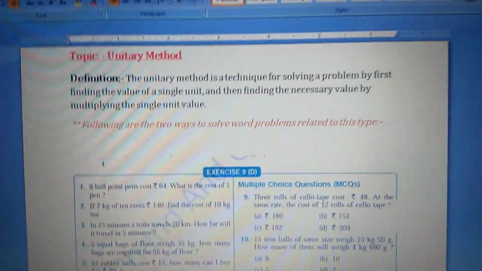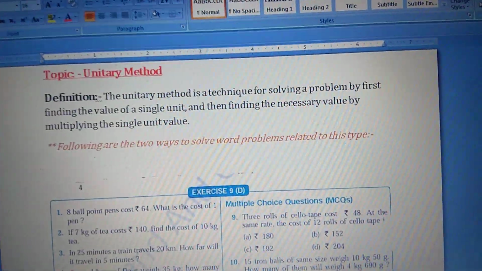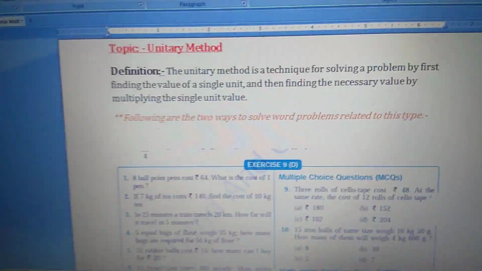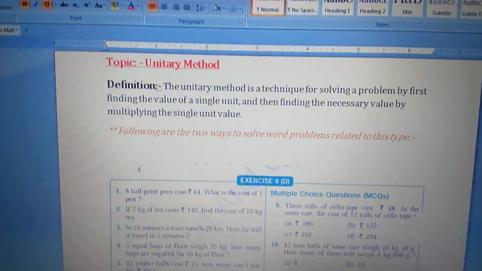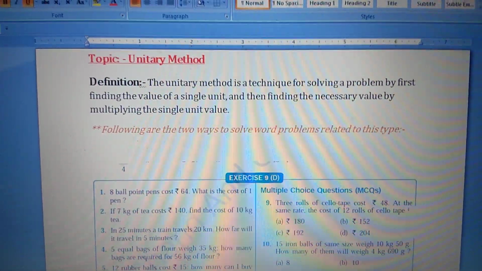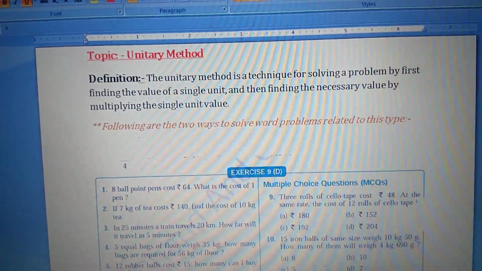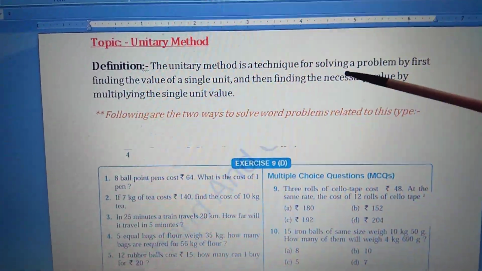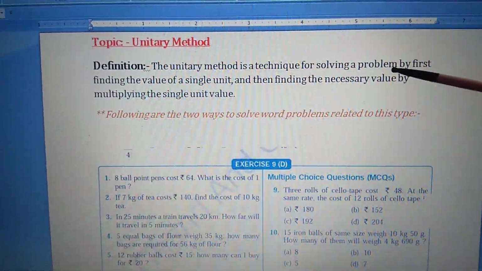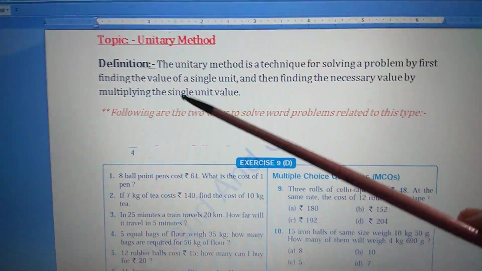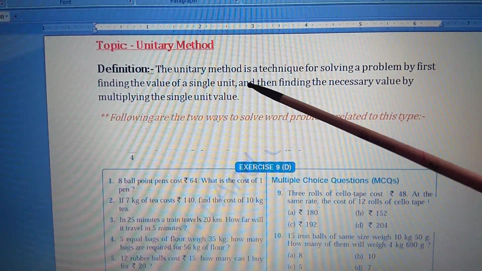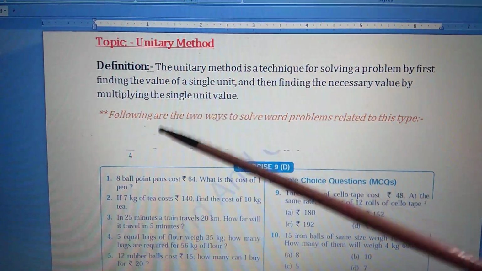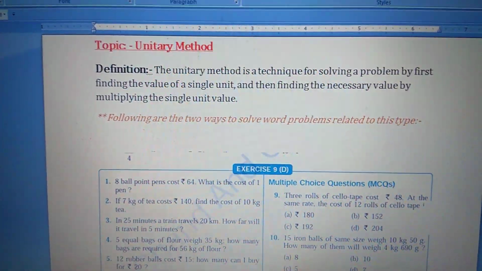Before going to this topic, I have to explain what this unitary method means. The word unitary means one, related to one. So this method can be defined as: the unitary method is a technique for solving problems by first finding the value of a single unit and then finding the necessary values by multiplying the single unit value.